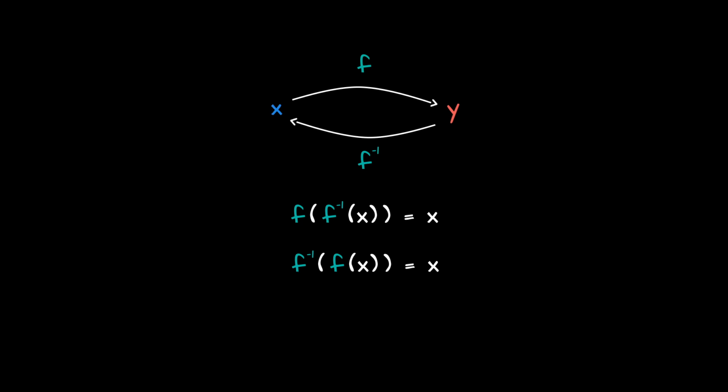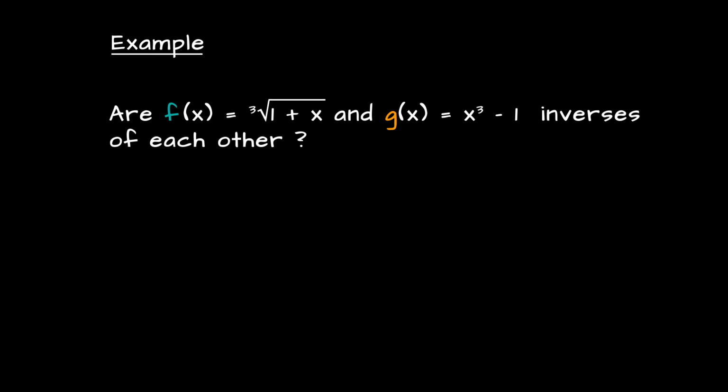In particular, we have the important properties that f of f inverse of x will just equal x. And likewise, if we compose in the opposite order, f inverse of f of x will also have to equal just the input x. This gives us an important algebraic method for determining whether two functions are inverses of each other. Just compose the functions in any order and see if the resulting expression is equal to x.